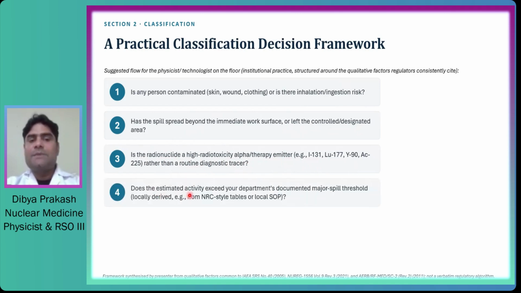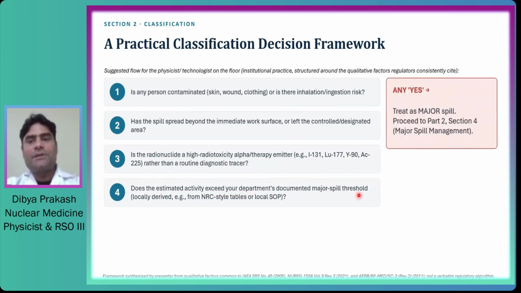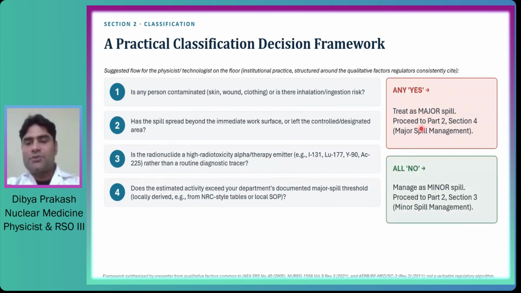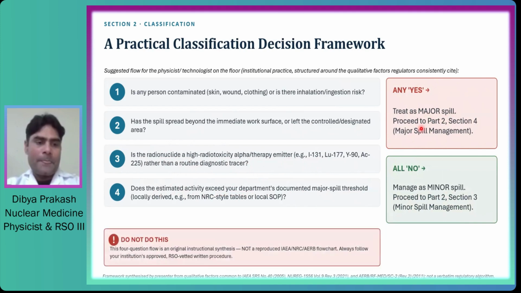Or does the estimated activity exceed the department's documented major or minor threshold? If the answer to these questions is yes, then it should be treated as a major spill. And if the answer is no, then it should be treated as a minor spill.